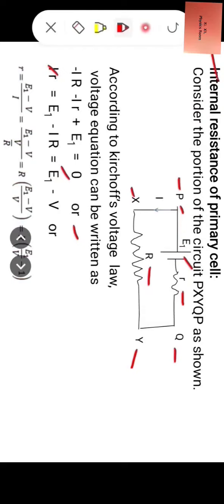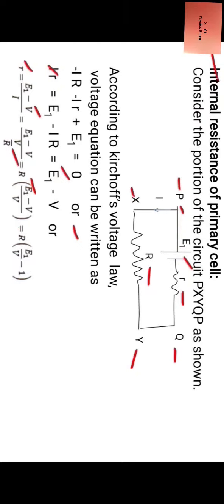Now from here we calculate small r, the internal resistance of the primary cell. We can write small r equal to E1 minus V by I, and we replace I by V by R, and then on simplifying we get small r is equal to capital R into E1 minus V divided by V, or we can write small r is equal to capital R into E1 by V minus 1.